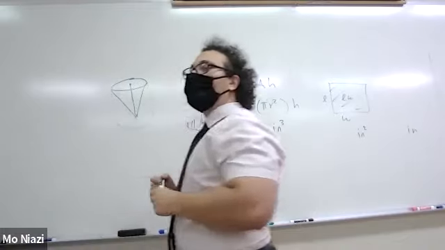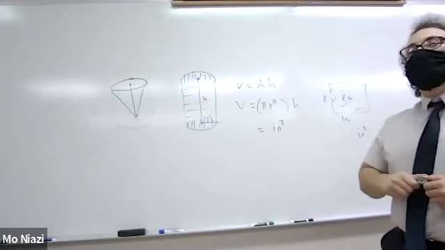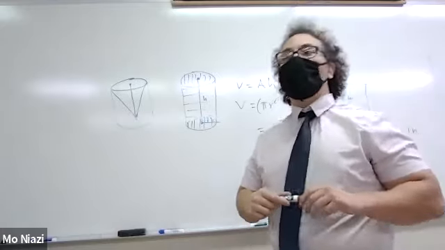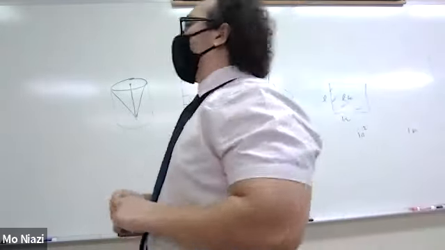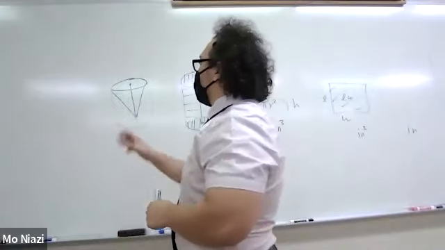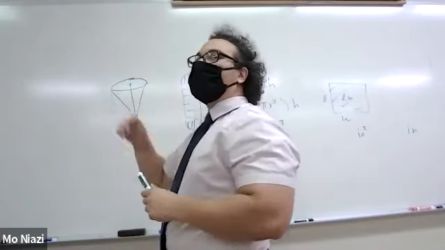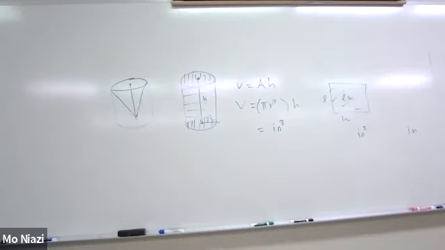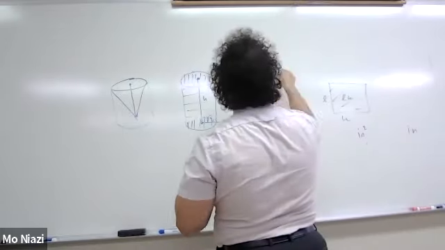Yes, ma'am, what are we looking for? Okay, I'm trying to help you understand where the volume of a cone equation comes from. So notice when I stick this cone inside a cylinder of the same radius, what is the volume of the cylinder? Excellent.